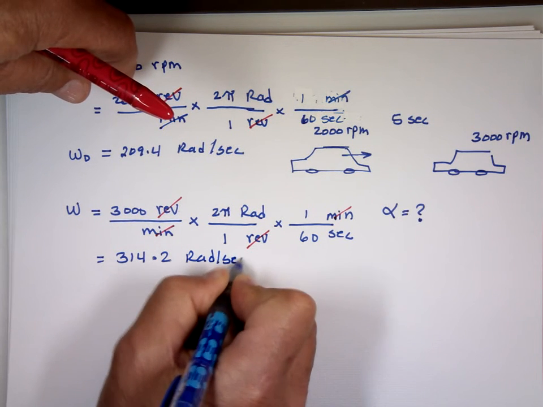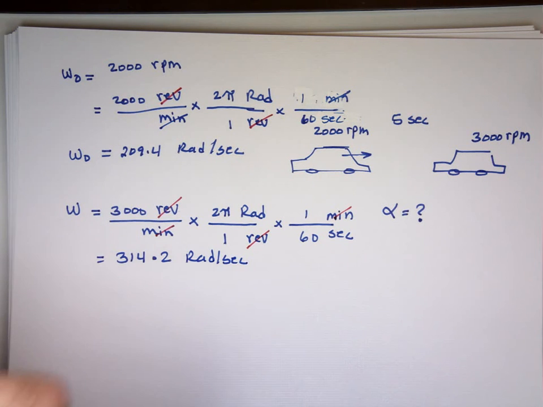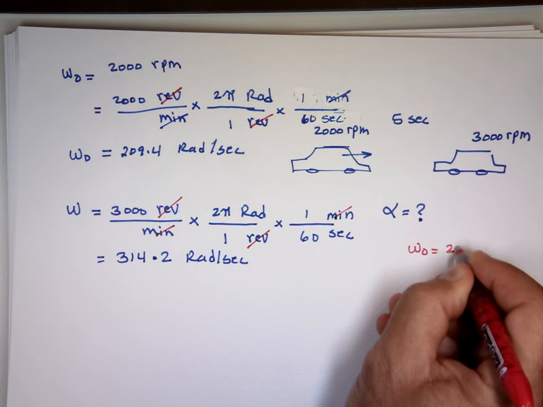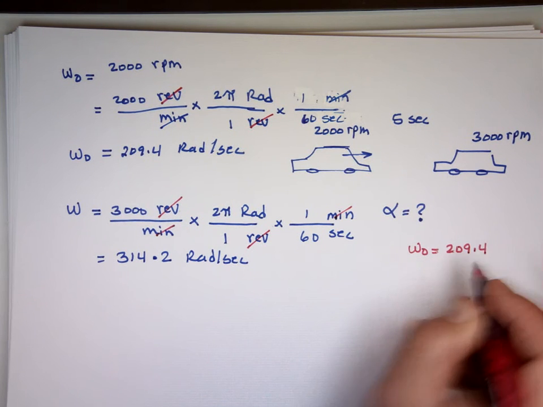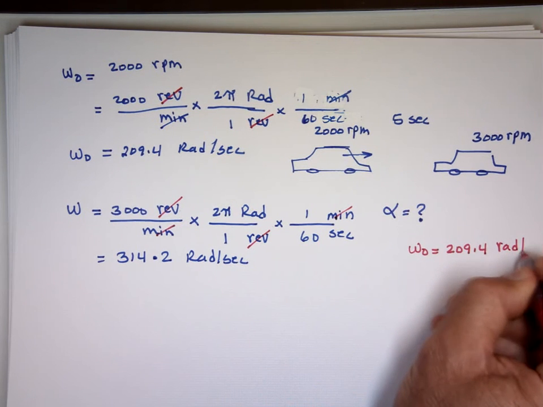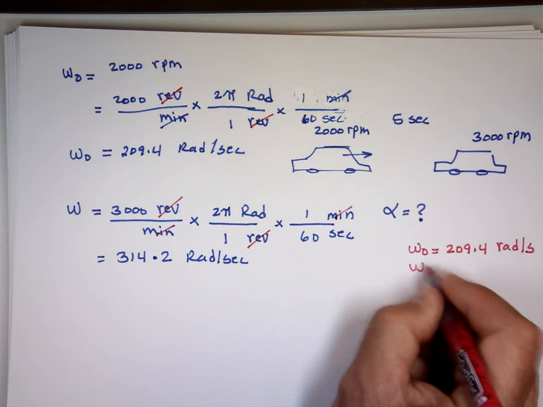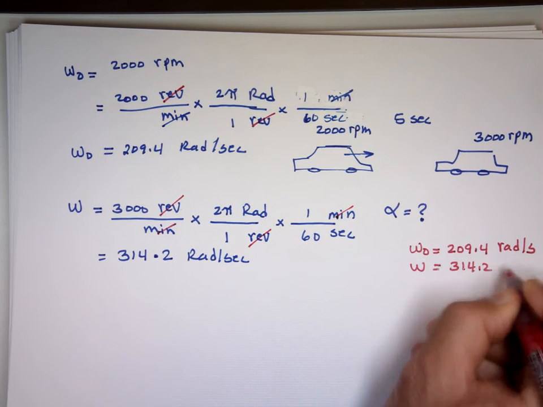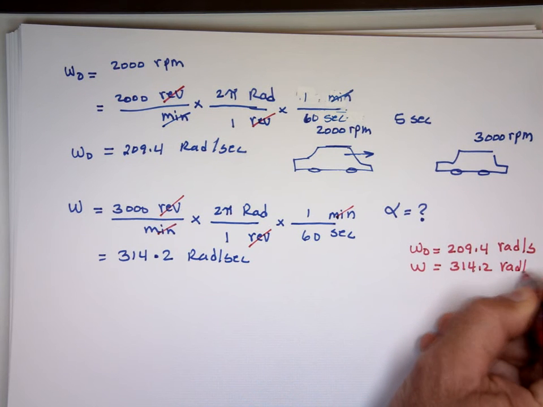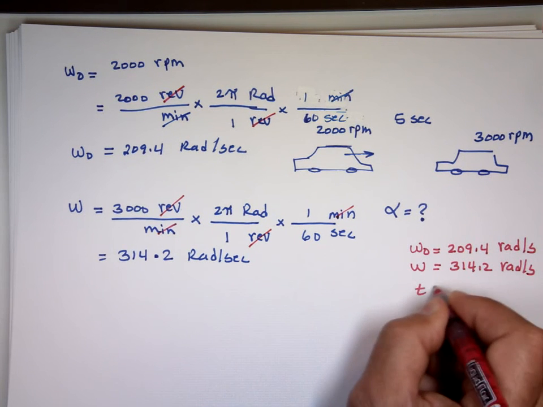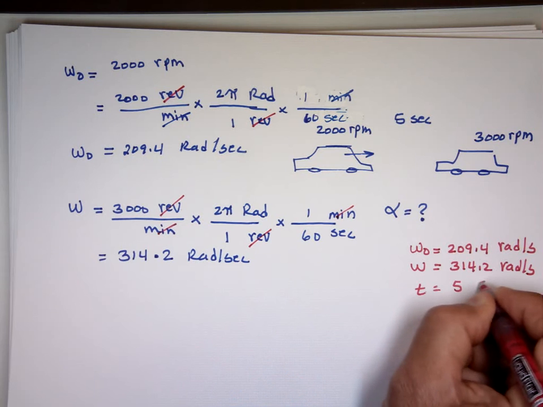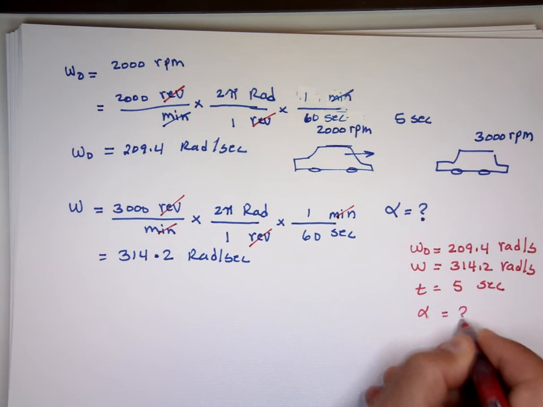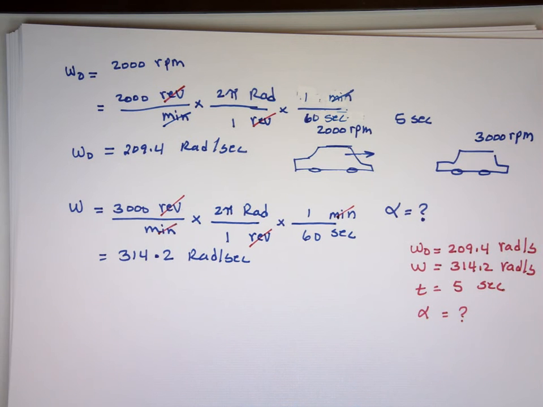So here we go. We know the initial angular speed, 209.4 rad per second. We know the final angular speed, 314.2 rad per second. We know the time, which is 5 seconds. We're looking for alpha, the angular acceleration.